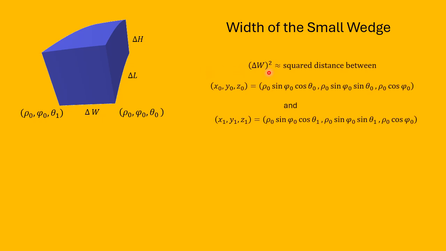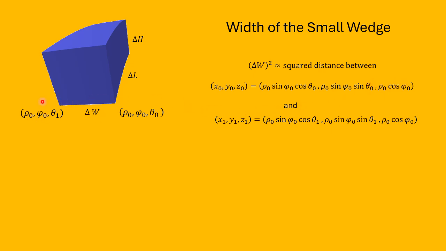So we'll start with delta W quantity squared being that squared distance, and x naught, y naught, z naught will be this point right here, and here it is written out in terms of the transformation from spherical to rectangular coordinates. x naught is rho naught sine phi naught cosine theta naught. y naught is rho naught sine phi naught sine theta naught. And z naught is rho naught cosine phi naught.